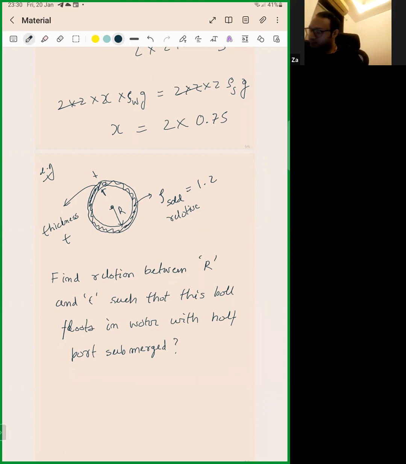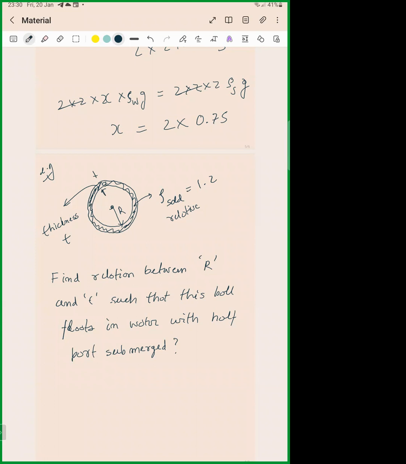So volume submerged is half of the total volume.